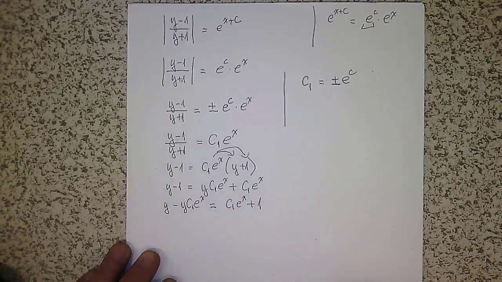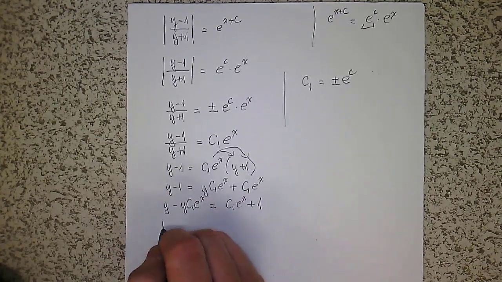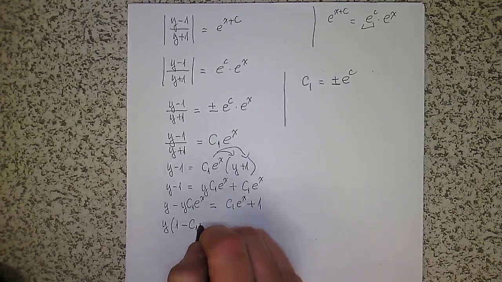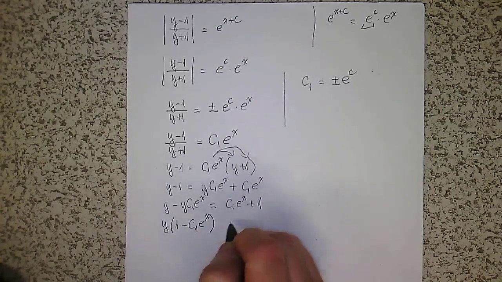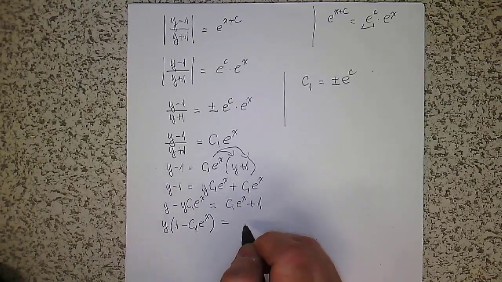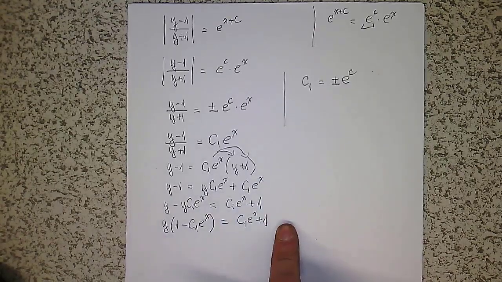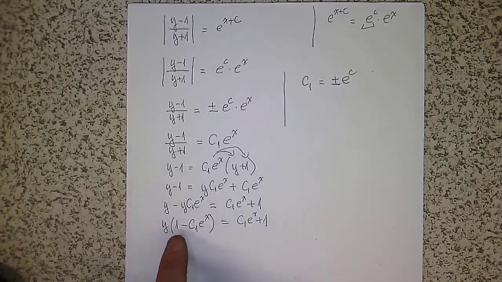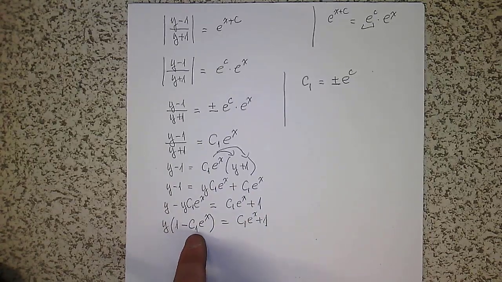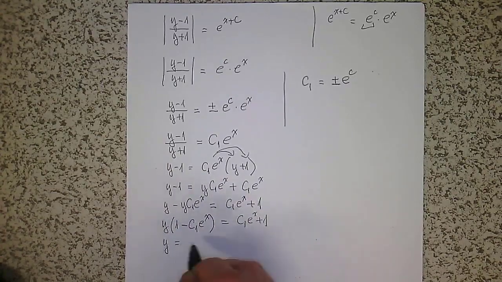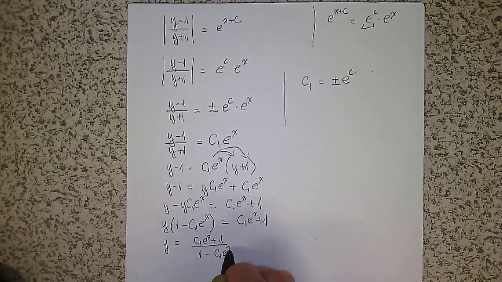So I am going to factor out the y, leaving 1 minus c1 times e to the x, and all of that on the left hand side should equal c1 times e to the x plus 1 on the right hand side. At this point we can easily divide both sides by the expression 1 minus c1 e to the x, making it y equals c1 e to the x plus 1 over 1 minus c1 e to the x.